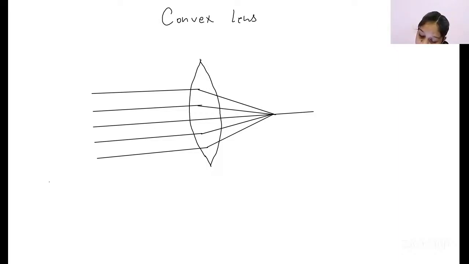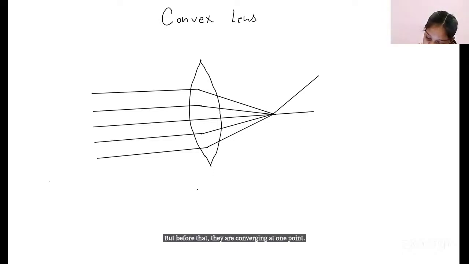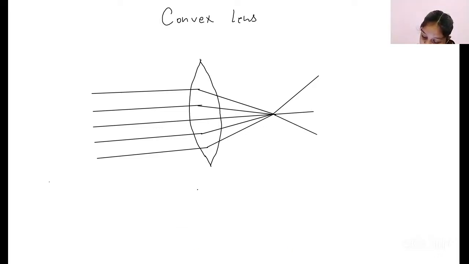And then from here they will again diverge. But before that, they are converging at one focal point. Let's call it F.